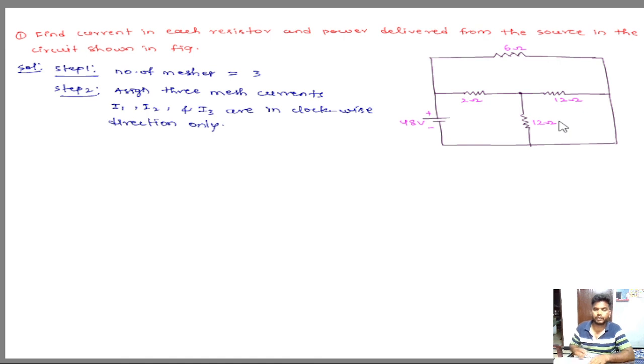Clockwise direction only. This is mesh 1, this is mesh 2, and this is mesh 3.